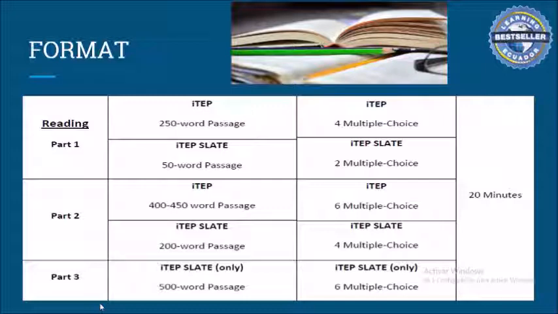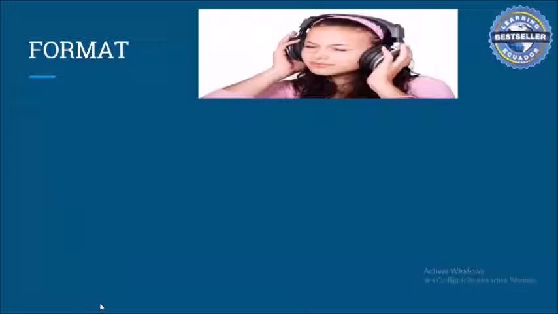In part 2, you will have a 400 to 450-word passage and 6 multiple choice questions. Only in iTEP Slate, you will have a part 3. But since we're basically looking at the iTEP Academic, we'll just go on.